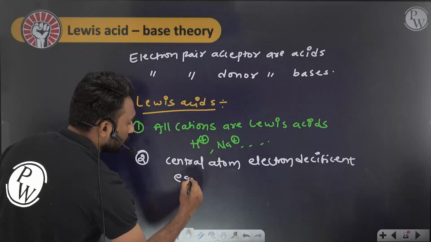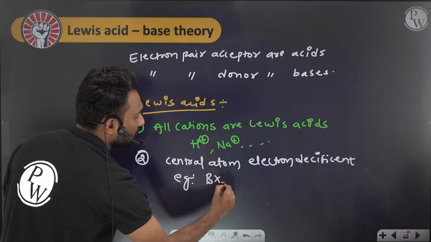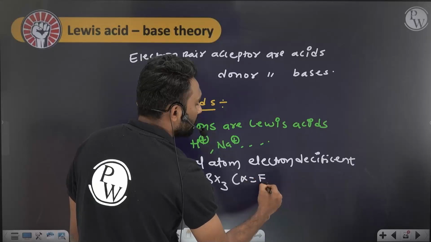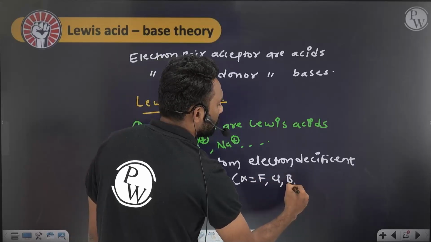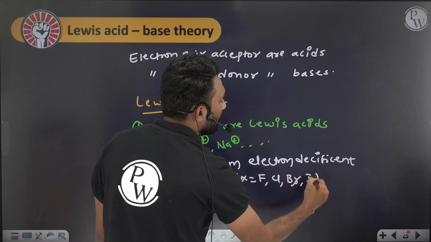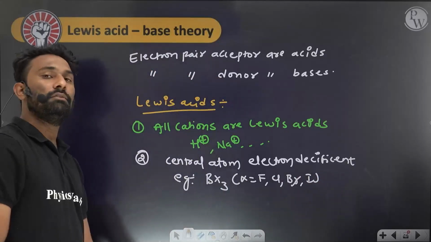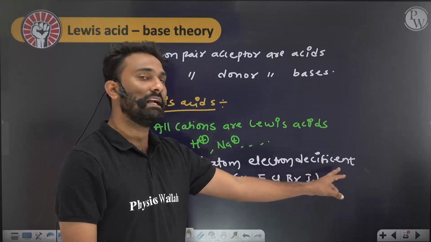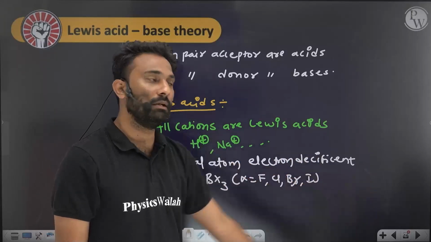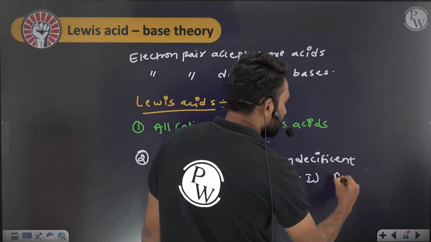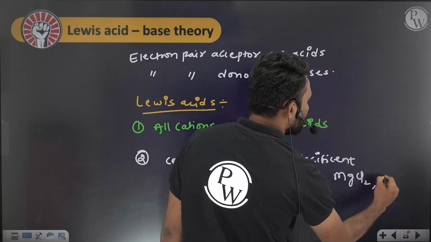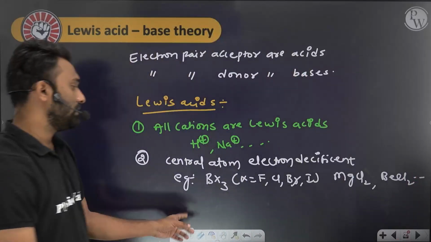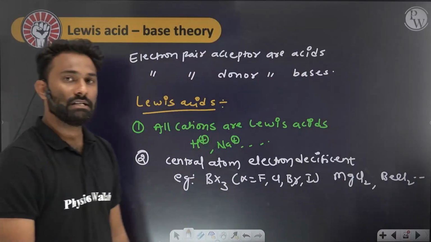Example, BX3, here X is fluorine, chlorine, bromine and iodine. Now electron deficient species or central atom whose octet is not completed. Now that is MgCl2, BeCl2. Now these are the examples. Now these also will act as a Lewis acid.